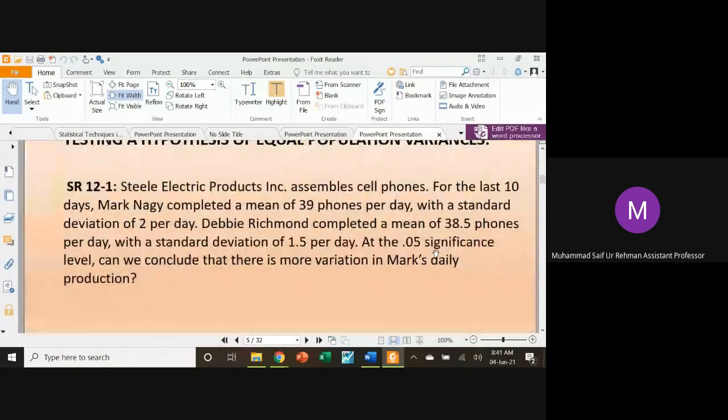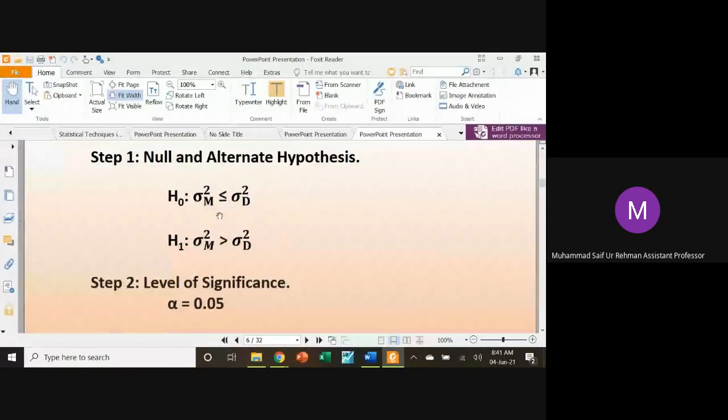We used the F statistic, and initially we set the null and alternate hypothesis in this form, where we wrote sigma square 1 and sigma square 2. So these were the variances from the first population, and this was the variance for the second population, and we took help of the F statistic to prove or disprove the null hypothesis.